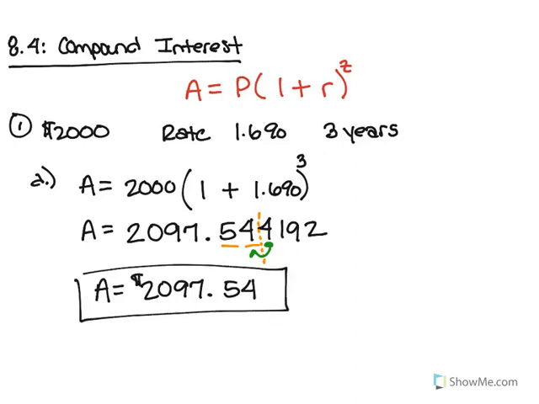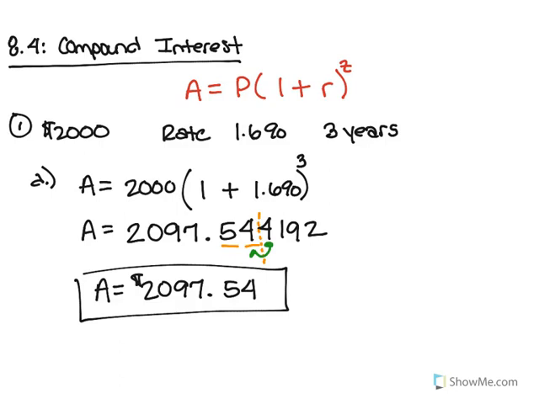That's where your loan will be after 3 years, okay? So you invested $2,000, but after 3 years, it will be $2,097.54.